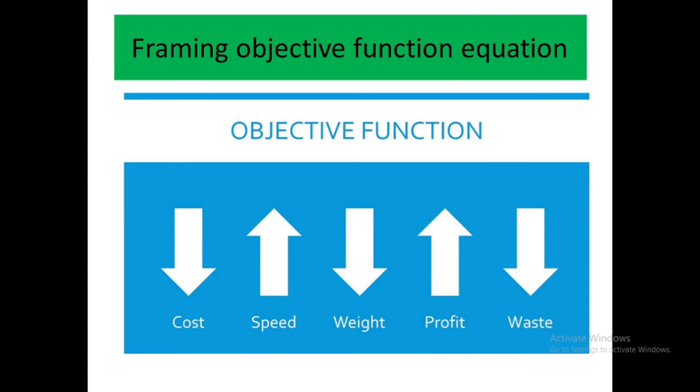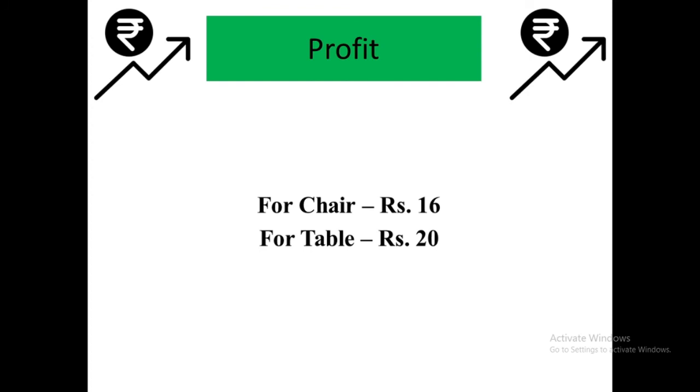In this case study, we consider only cost, so the objective is that the production cost is reduced and the profit is maximized. Cost and profit are inversely proportional: if production cost is reduced, then the profit is increased or maximized. So our objective function is based on the profit produced by the table and chair.